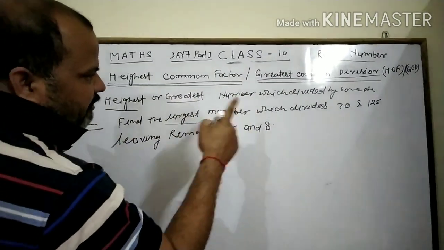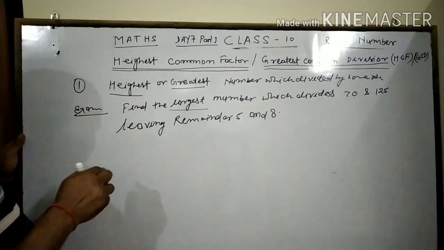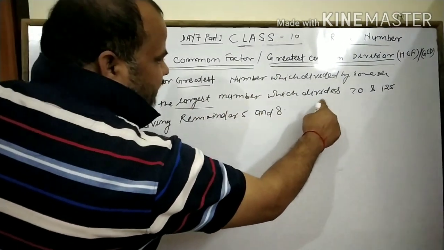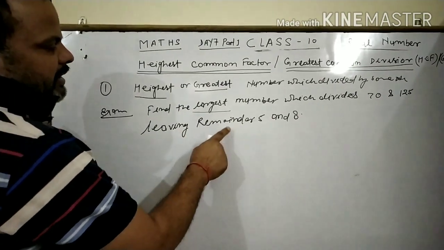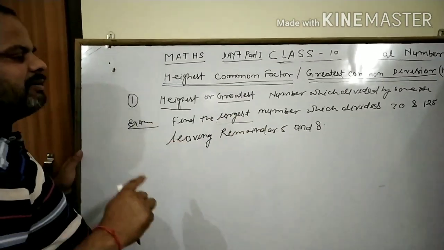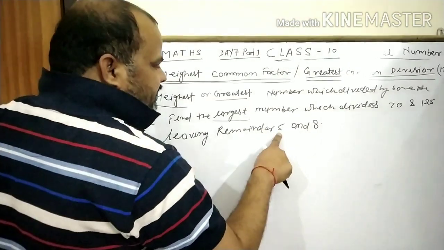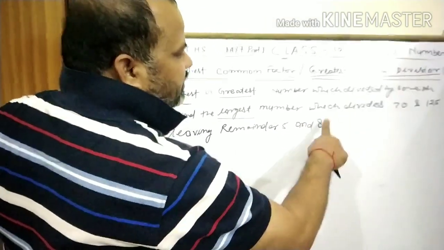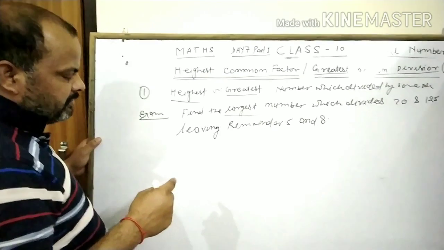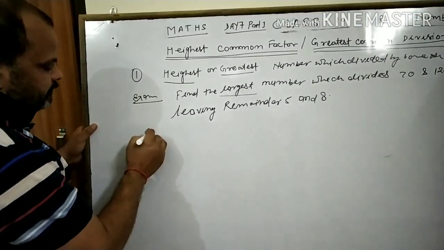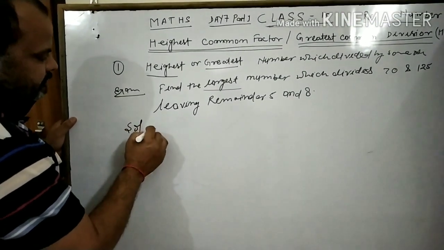Then here we can find the HCF. In the question, it divides 70 and 125 leaving remainder 5 and 8. First of all we subtract the remainders 5 and 8 respectively from 70 and 125. Is that clear? Then the solution.